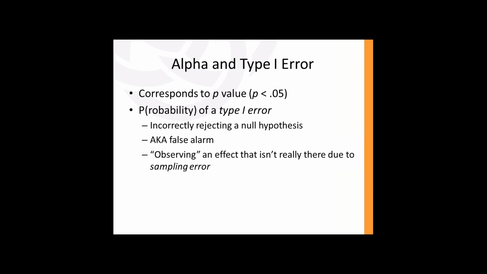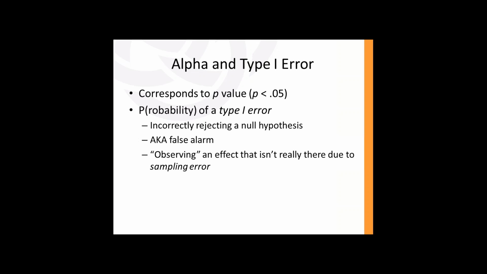Essentially, you want to observe an effect that is real. So what you want to avoid is this last piece here. You want to avoid observing, I put in quotation marks because you observe it based on your data, right? So you observe an effect that isn't really there. You might have this happen, but you're protected from this by a p-value of less than 0.05 being the gold standard, right?